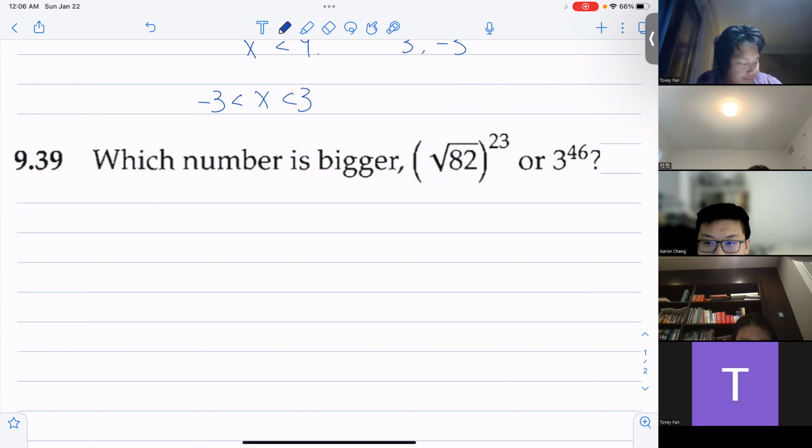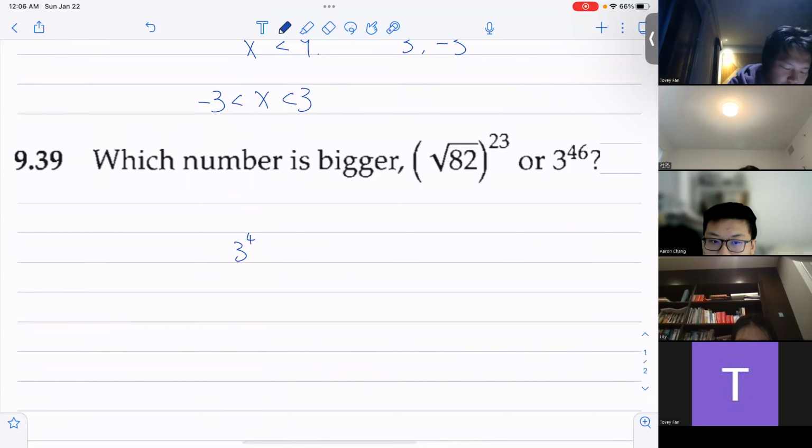The exponent is a factor of 46. So 3 to the power 46 can be 3 squared to the 23rd. Very good. So we can observe that 23 and 46 have a relationship, right? So we can change 3 to the power 46 into 3 squared to the 23rd power, which becomes 9 to the 23rd.